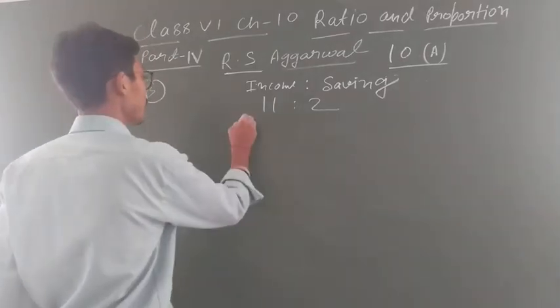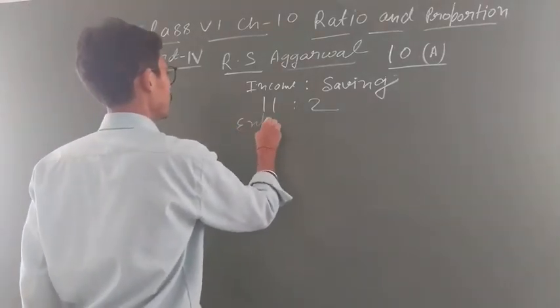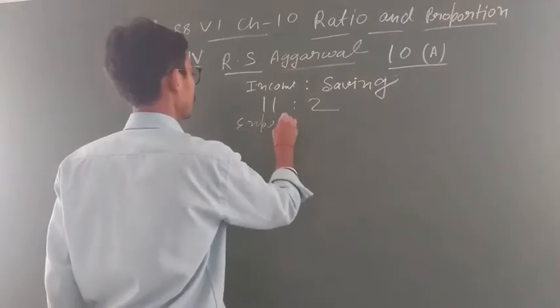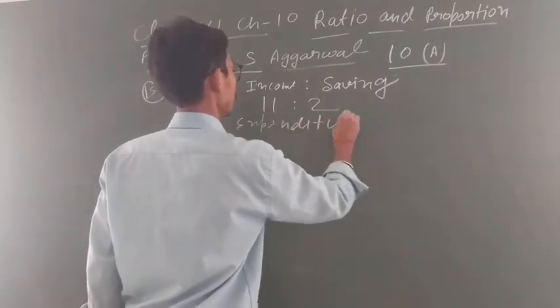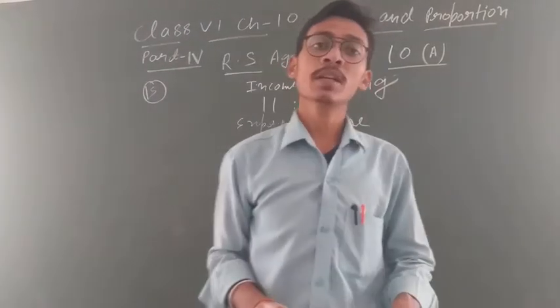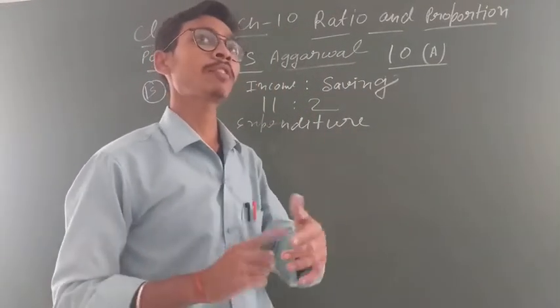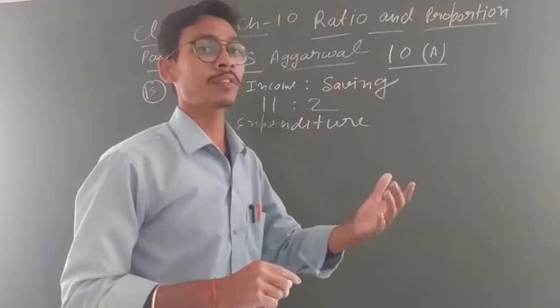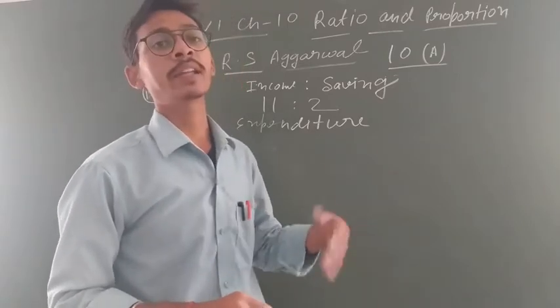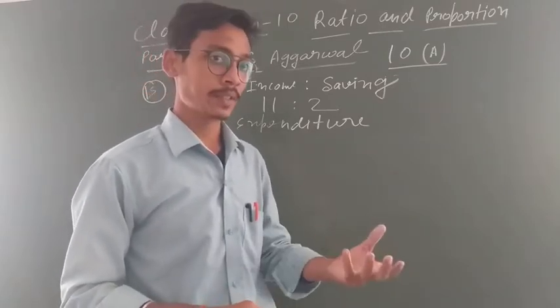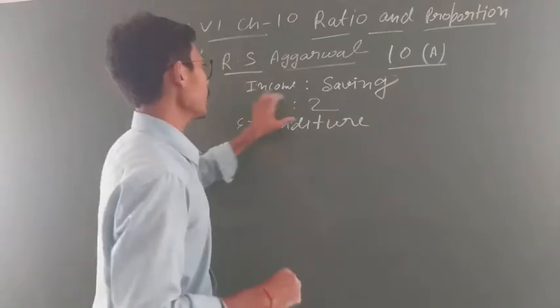We have to find the expenditure. Look students, expenditure means how much you spend. For example, if you have 500 rupees and you spend 250 on your books or anything else, that is your expense. Okay? So look, income is given, savings is given.